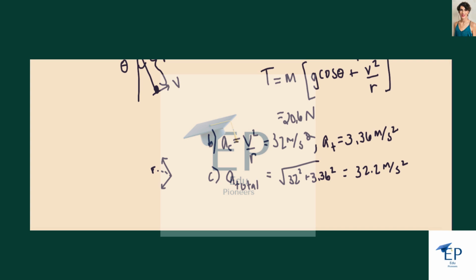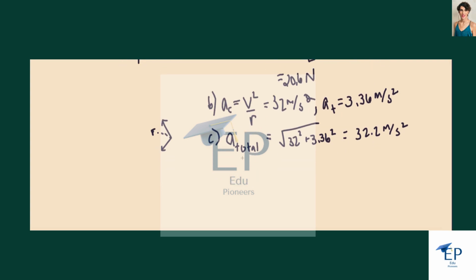And I probably should put this in the actual vector form. This is the magnitude of it, but let's figure out the angle. So I'm just going to redraw it, but at a different angle. So here's our A tangential, and then A centripetal is bigger. AC, so A total looks like that, and then this angle theta, so the tan of that theta.